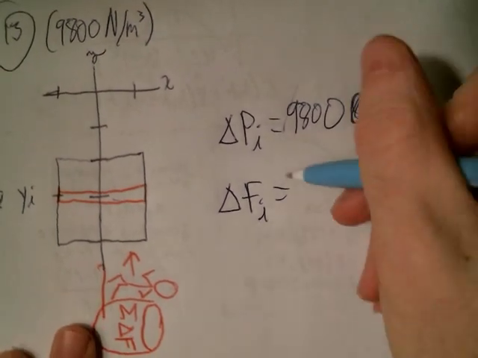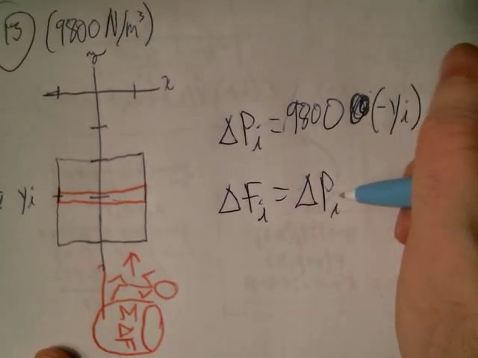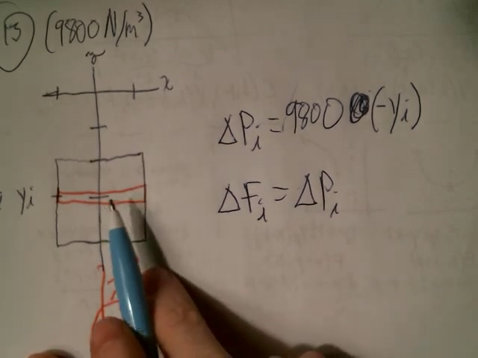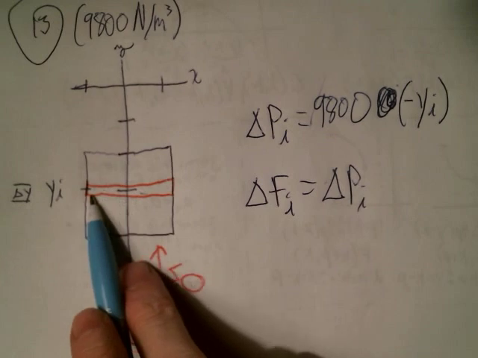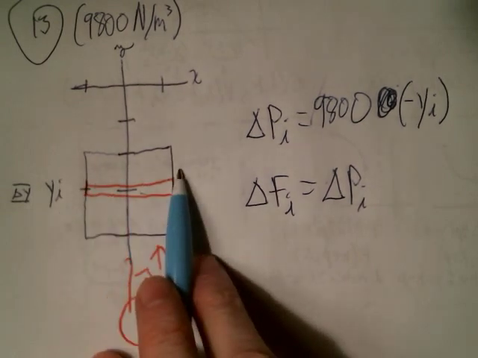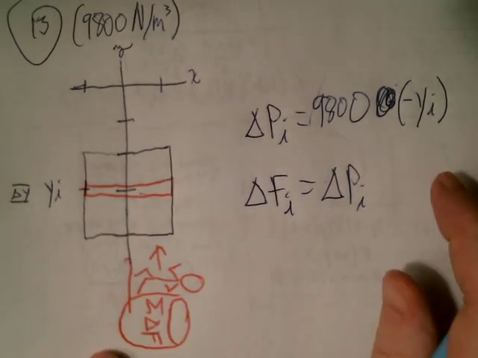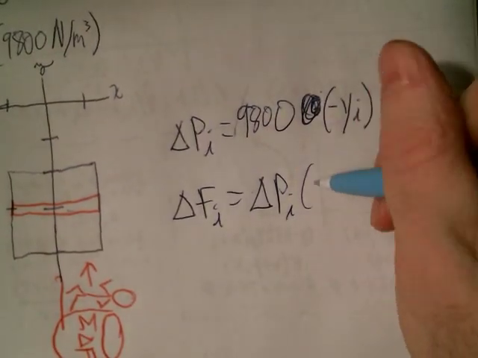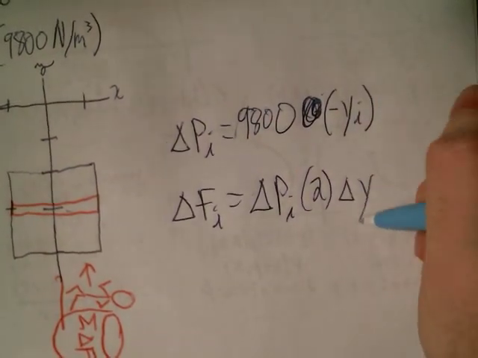Then the fluid force will be the pressure increment times the area of this rectangle. The area is this length, which is 2, times the width, change in y. So it's a constant 2 times change in y.